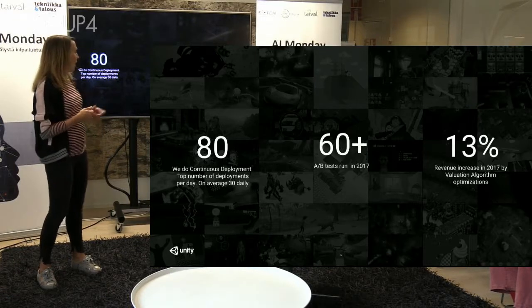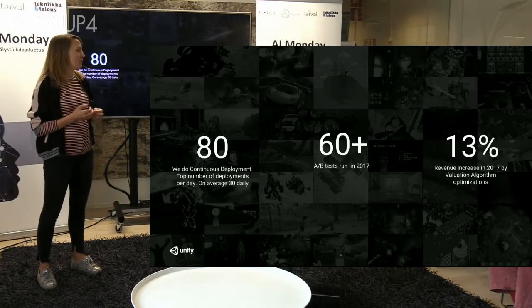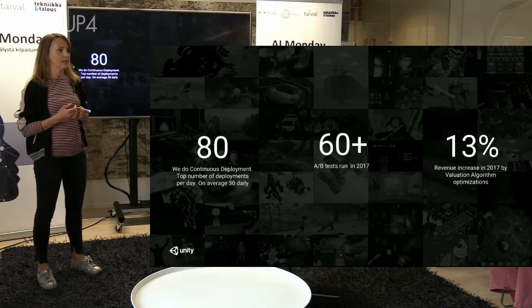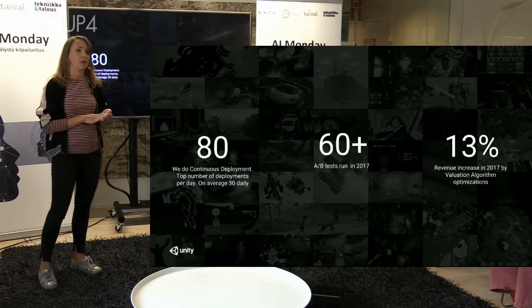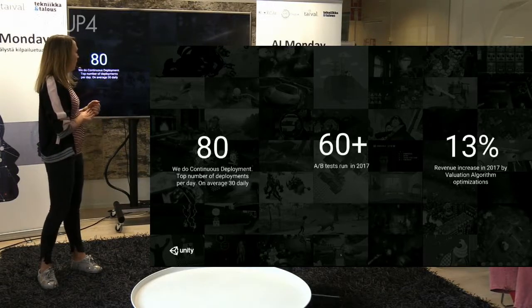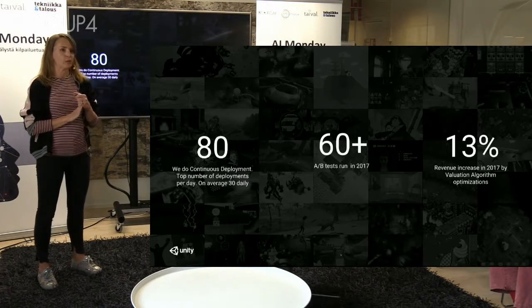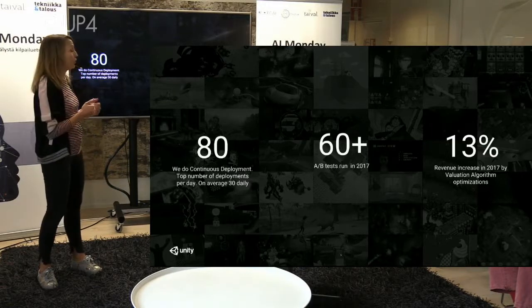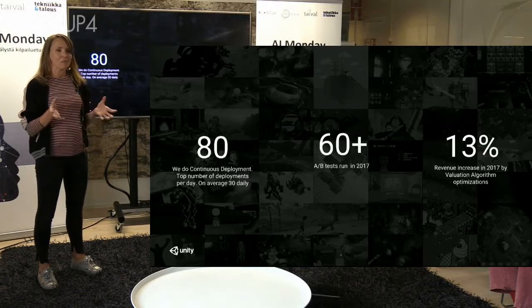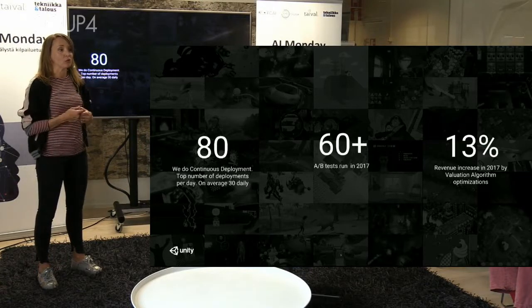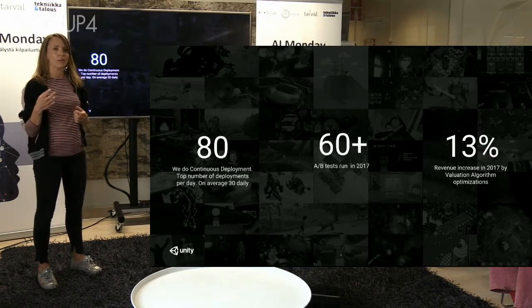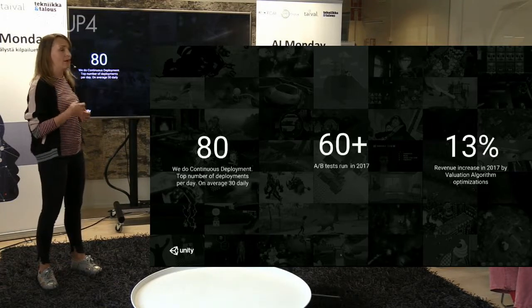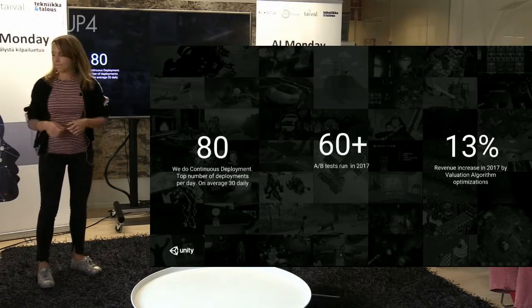About half of those were algorithm improvements, tests run by the data science team. The revenue increase we achieved last year only with the data science improvements was 13%. That tells why it's so important for us to make decisions based on data and to enable fast experimentation.